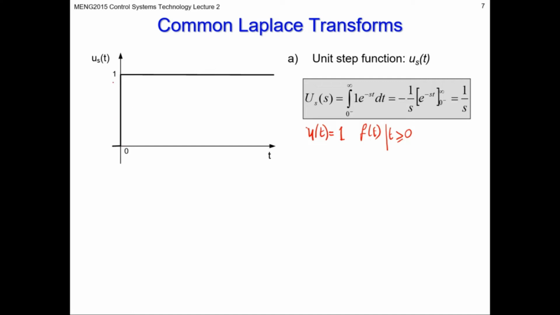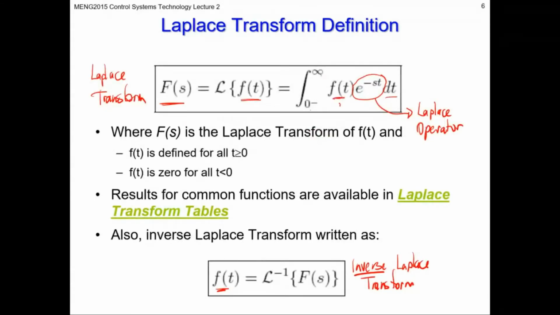So in that case, for all time greater than or equal to 0, u of t is 1. This makes a pretty straightforward Laplace transform because we just substitute into our equation from here, our f of t just becomes 1, right?